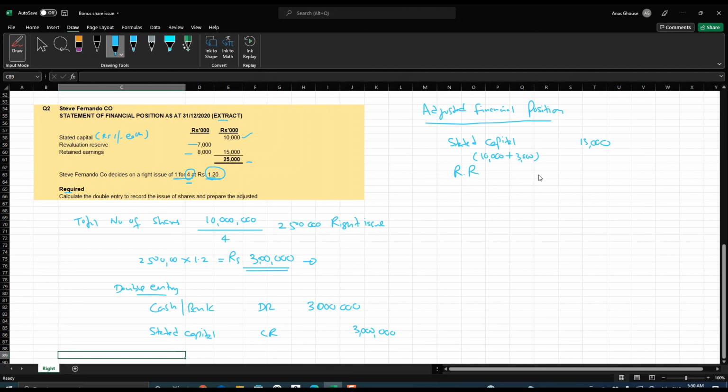Revaluation reserve has no change, 7 million. Then retained earnings, we have 8 million. The total is 15 million. So therefore the total shareholders' equity will be 28 million. Okay, so this is the shareholders' equity after the rights issue. So this is how you record the rights issue.